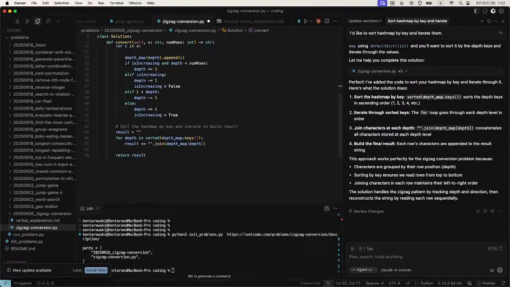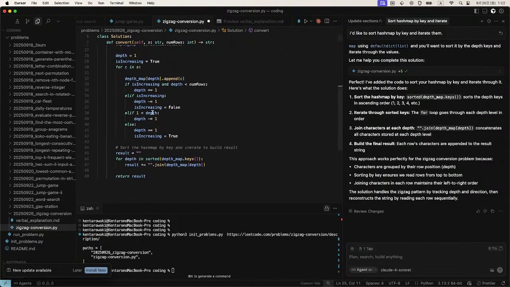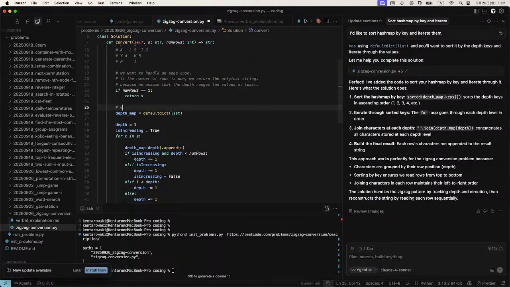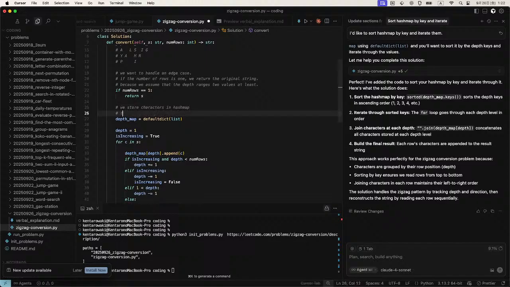And restore characters in a hash map. The key is depths.